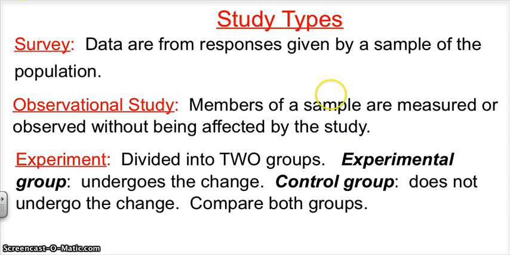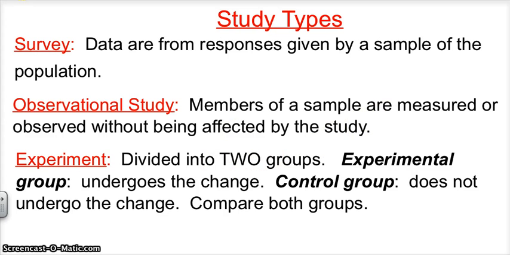Now we're going to get into study types. First study type is a survey, which is data from responses given by the sample of the population. We have an observational study where members of the samples are measured or observed without being affected by the study. So you're watching them, maybe through a glass mirror, maybe through cameras.